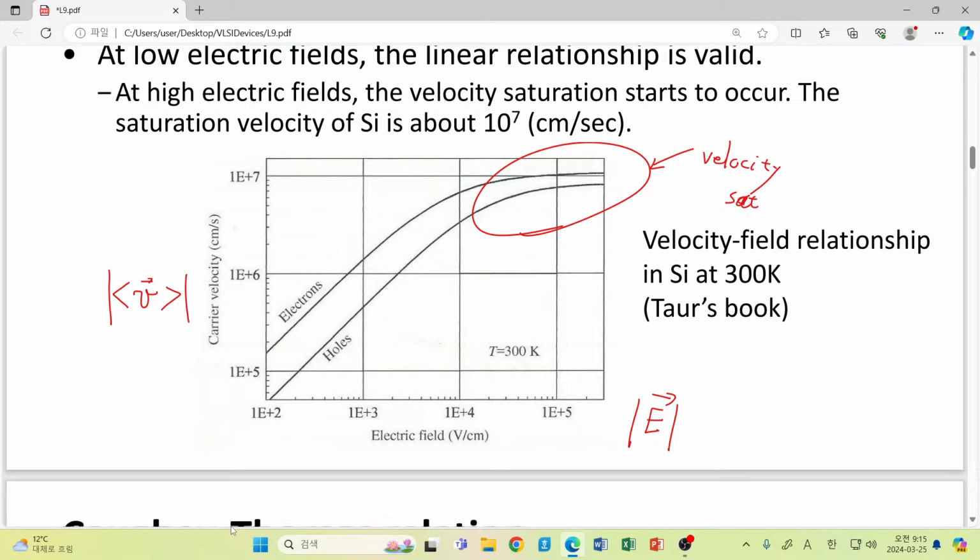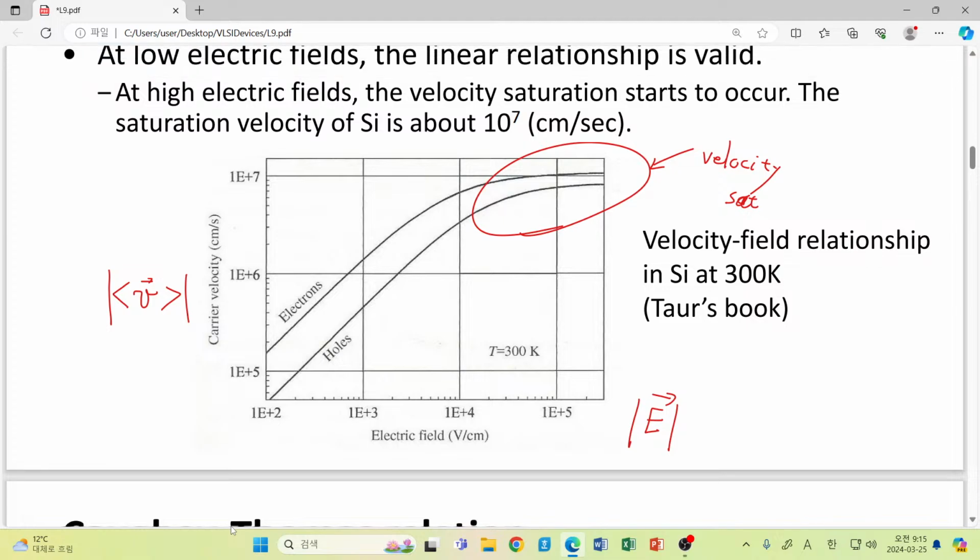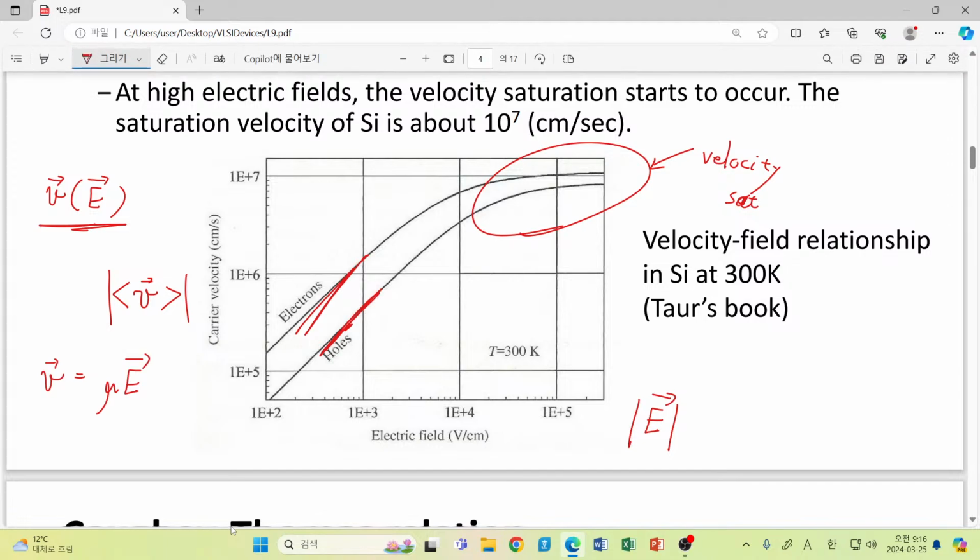Already we are assuming that the electron or hole velocity does not increase any further, so we just assume a certain relation, like velocity as a function of electric field, and that linear relation does not hold. And if we say the linear relation holds forever, then if we go to very high electric field, we expect very high velocity.